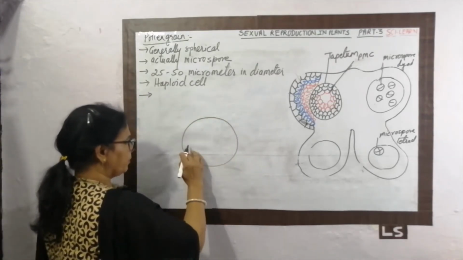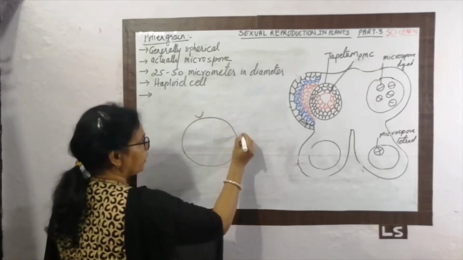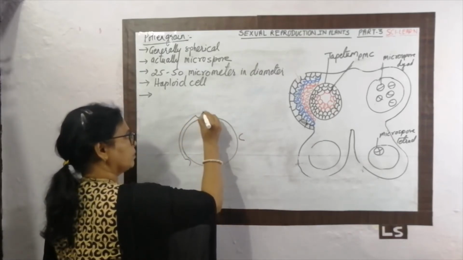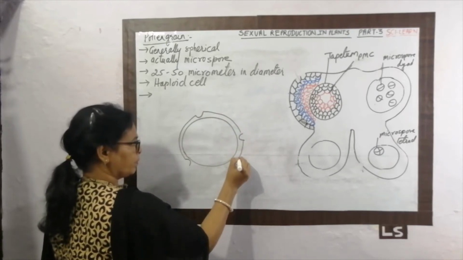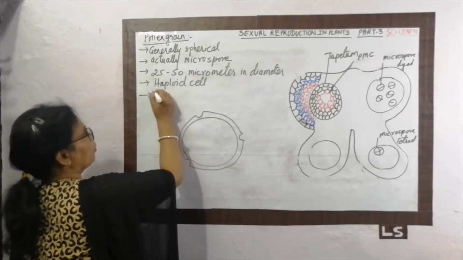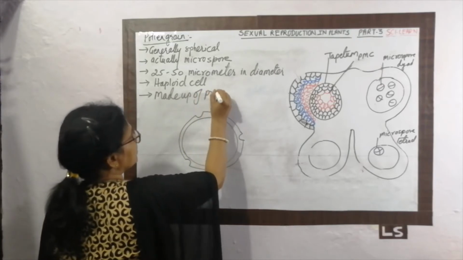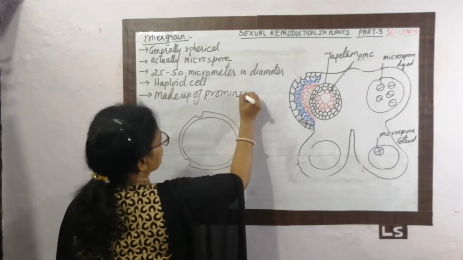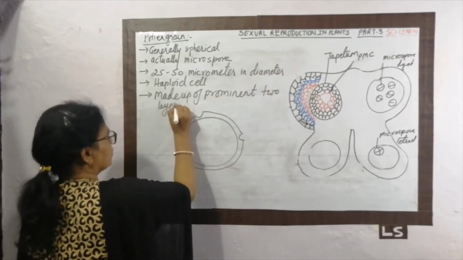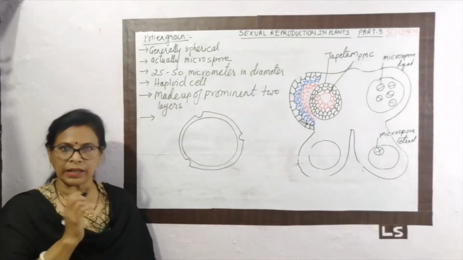It is made up of two prominent layers. What are these layers called?